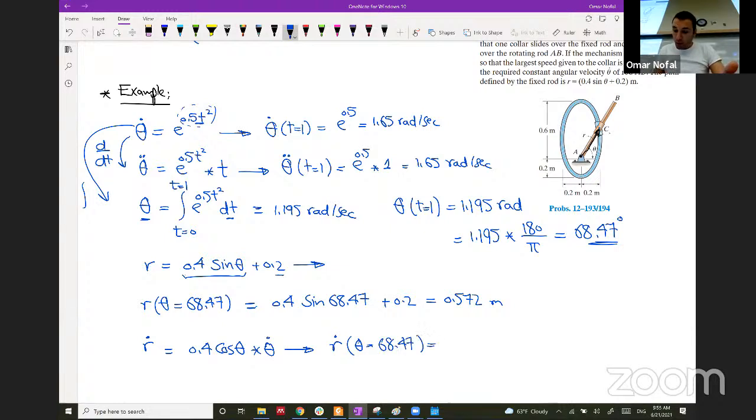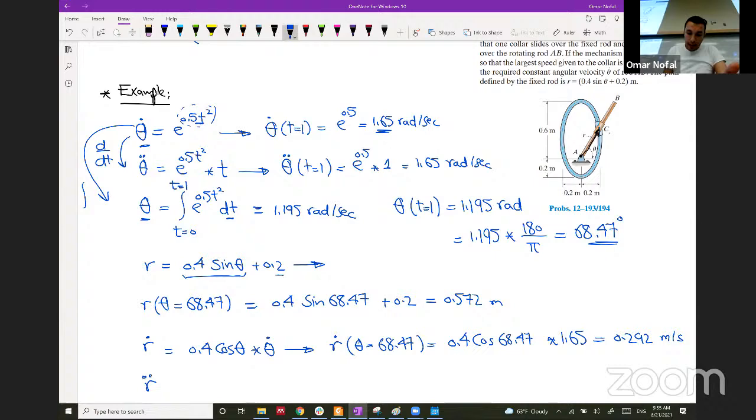It should be equal to 0.4 cosine 86.47 multiplied by theta dot, which is here, 1.65 radian per second. And when you do this, it will give you 0.292, and r dot should be in meter per second.